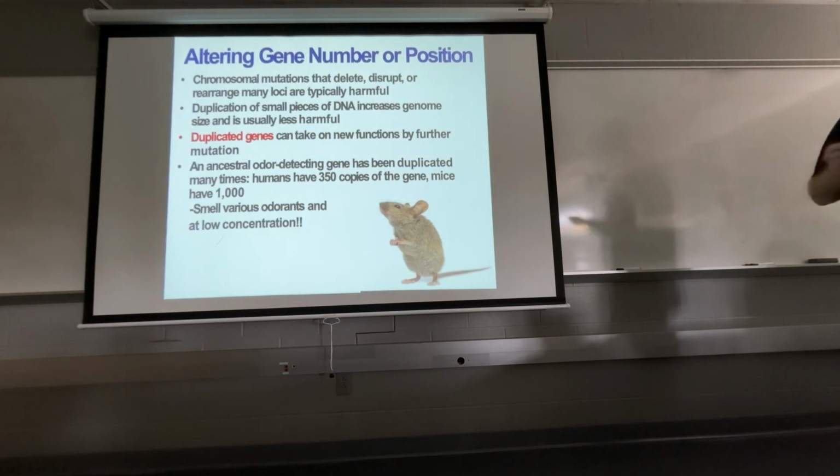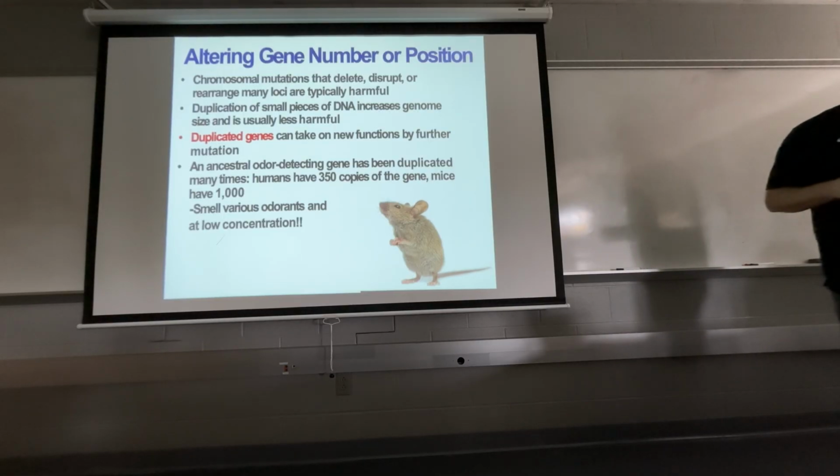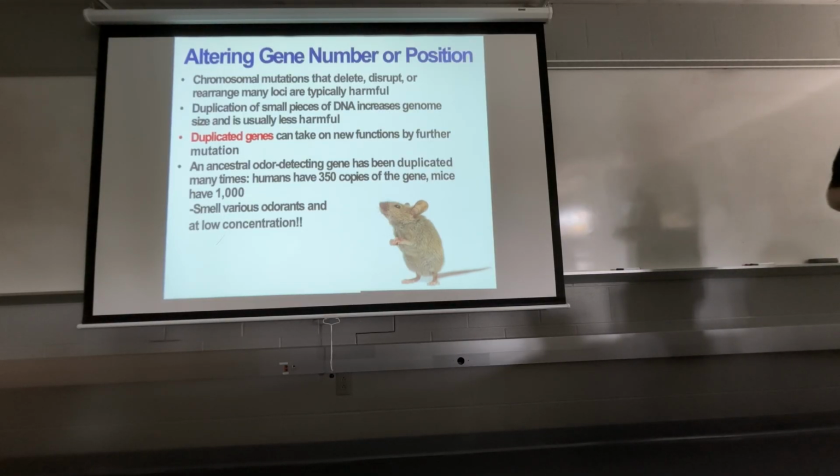Okay, so another really good example of a gene that's been duplicated, that's very advantageous, that has been selected for, is odorant detecting genes. Odorant detecting genes are responsible for producing proteins in the nose that allow you to smell or detect odors. We have about 350 copies or so from our human evolution. Rodents have about 1,000 copies. Dogs have more than 1,300 to 1,500 copies.